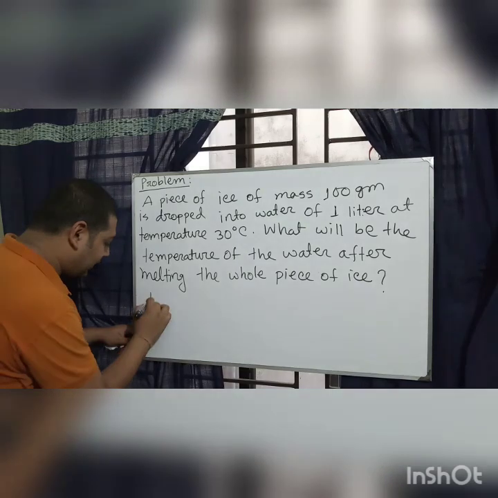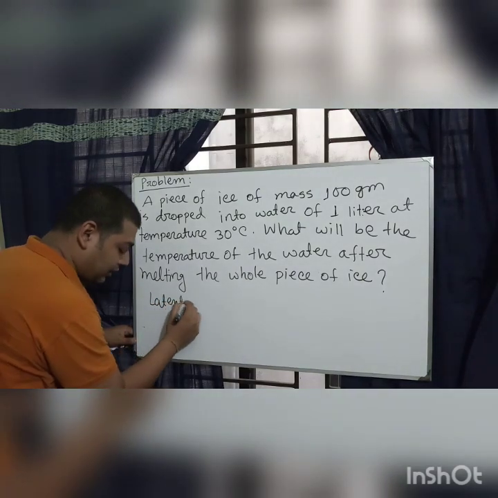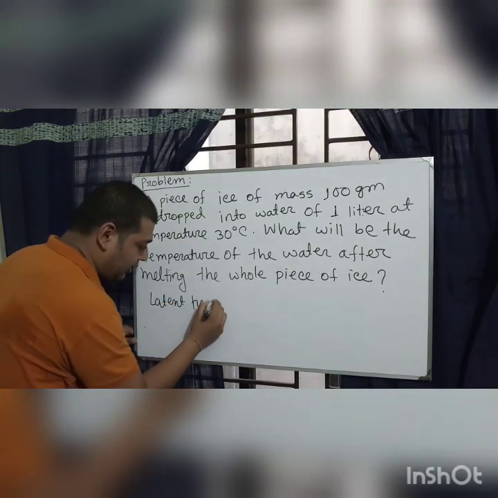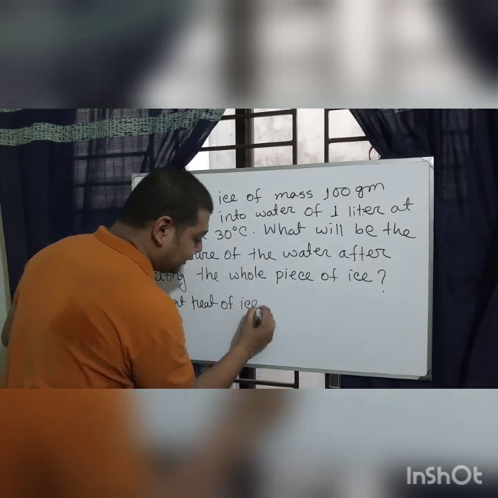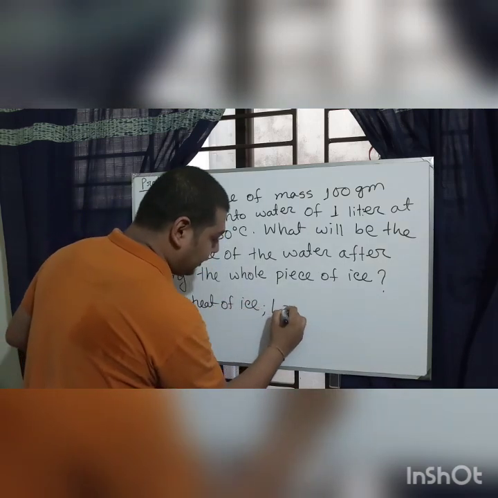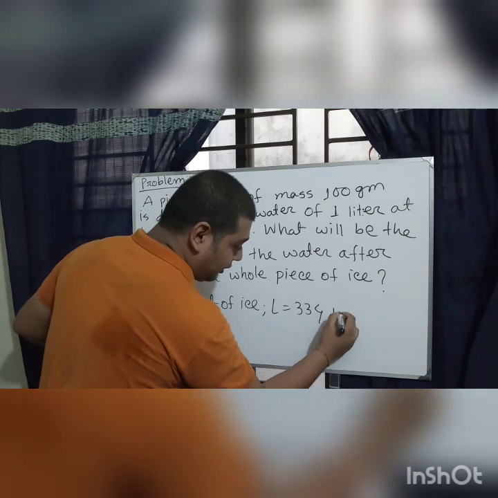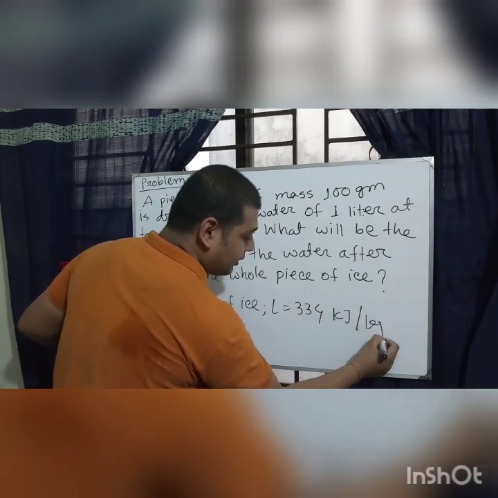Here it is given that the latent heat of ice L equals 334 kilojoule per kg.